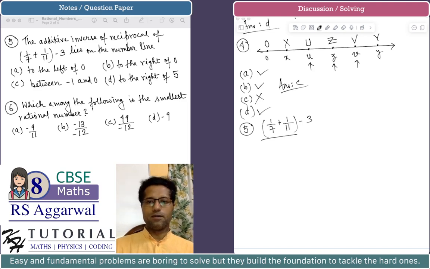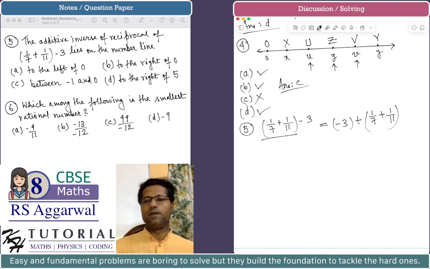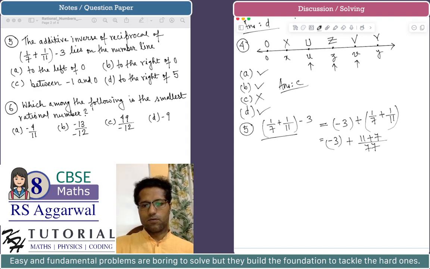So you can consider this as equal to minus 3 plus 1 by 7 plus 1 by 11. Now 1 by 7 plus 1 by 11 will never be equal to 1. So this is minus 3 plus 11 plus 7 by 77, which is equal to minus 3 plus 18 by 77.